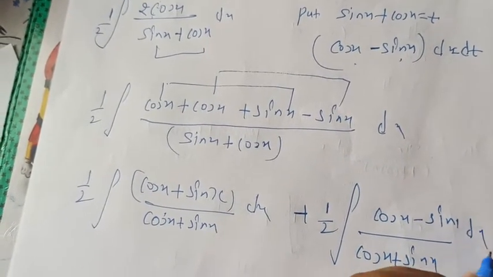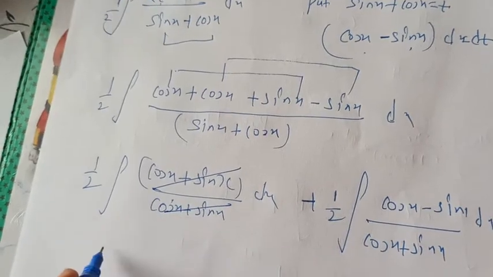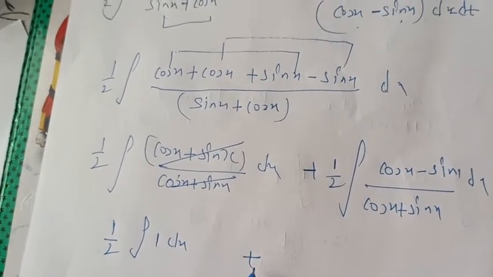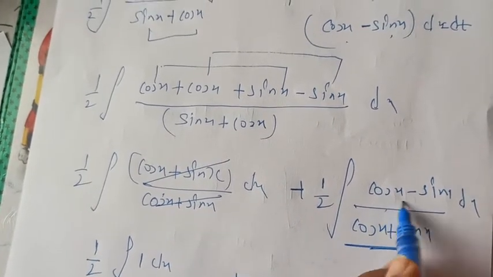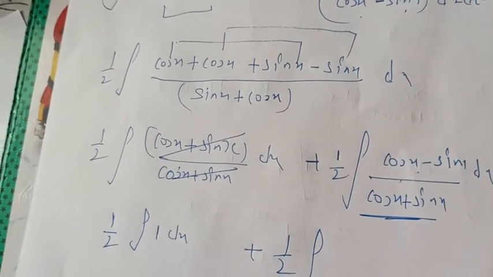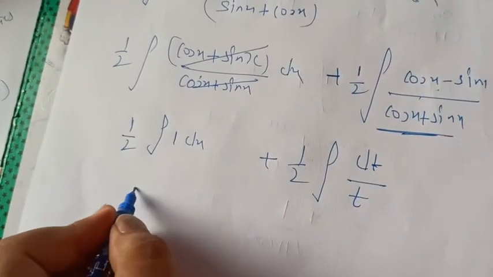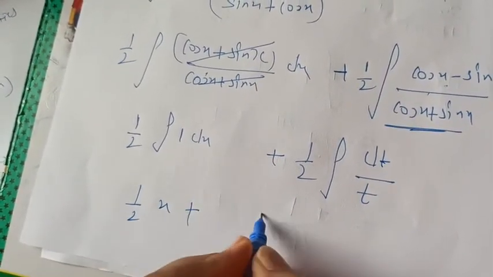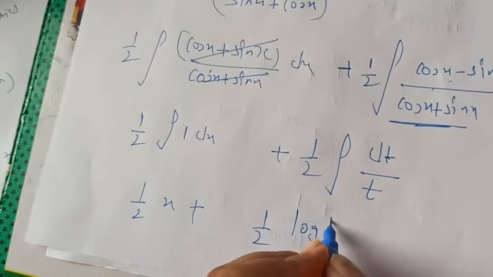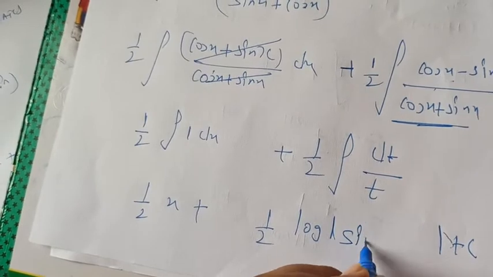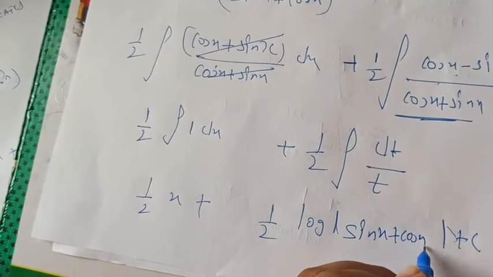So you will get this as half of 1 dx, and now this is function and this is derivative, so this is your t and this is your dt. So the answer is half x plus half log modulus of t, but my t was sin x plus cos x. So this is your answer.